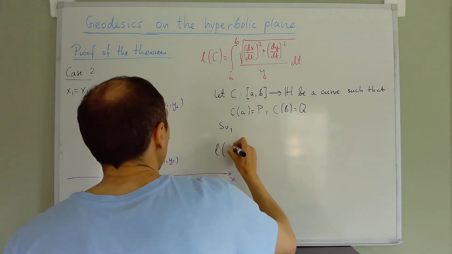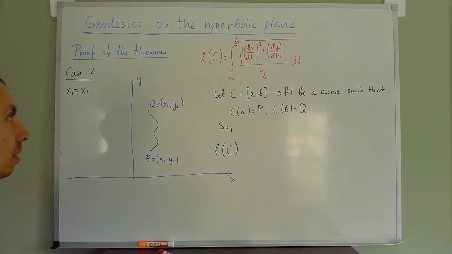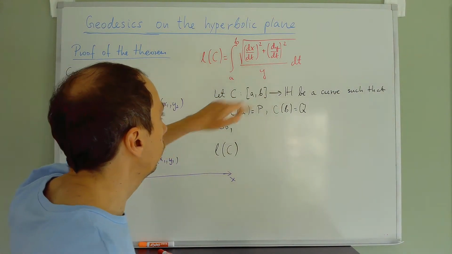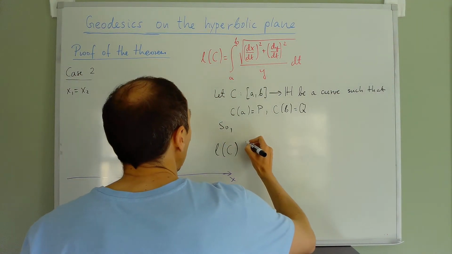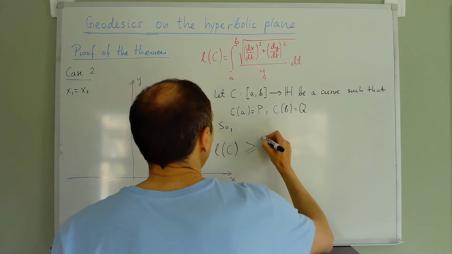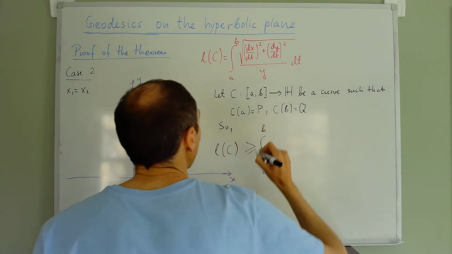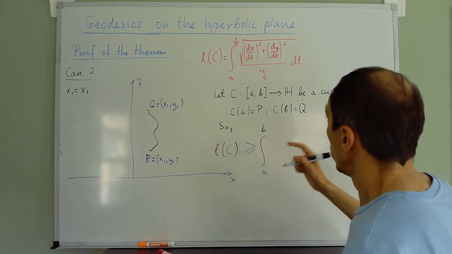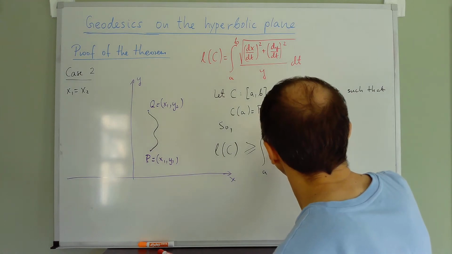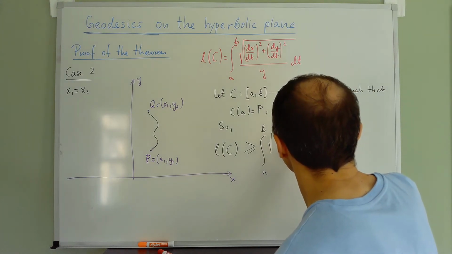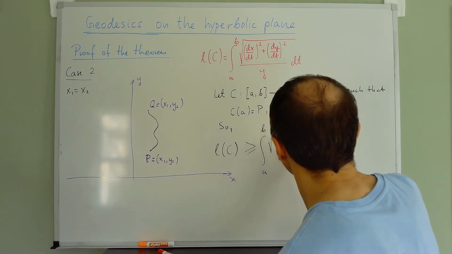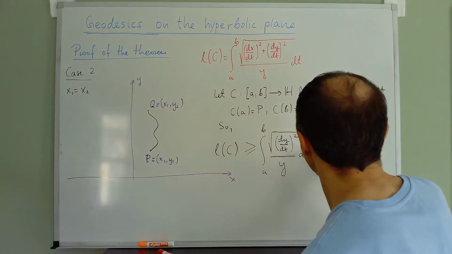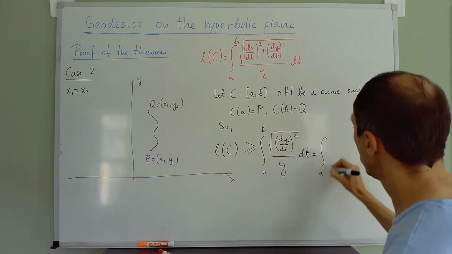So the length of C, which is given by that formula above, is greater than or equal. Again, both of these terms are positive and y is positive, so if I forget one of them, I get something that is smaller. So this time I'm going to forget the dx over dt. Well, you see, that's actually a lot easier than last time.